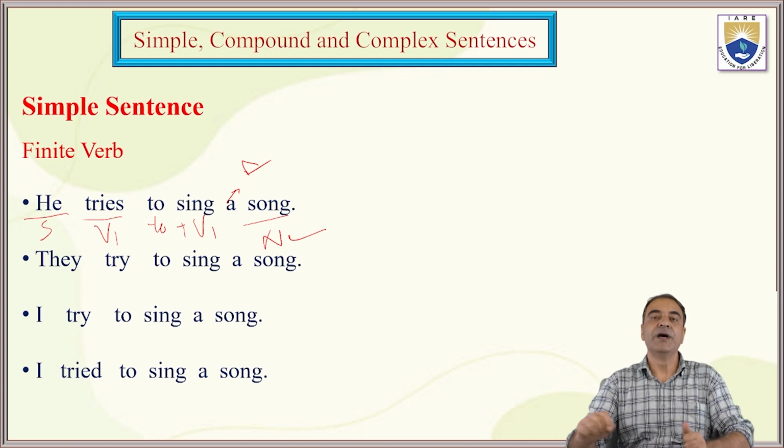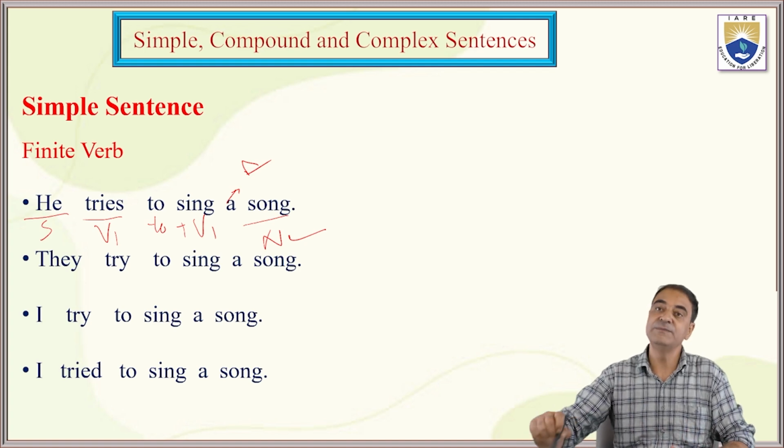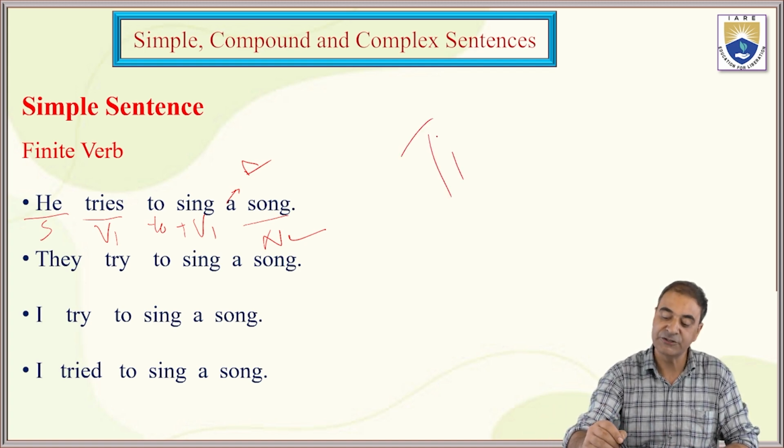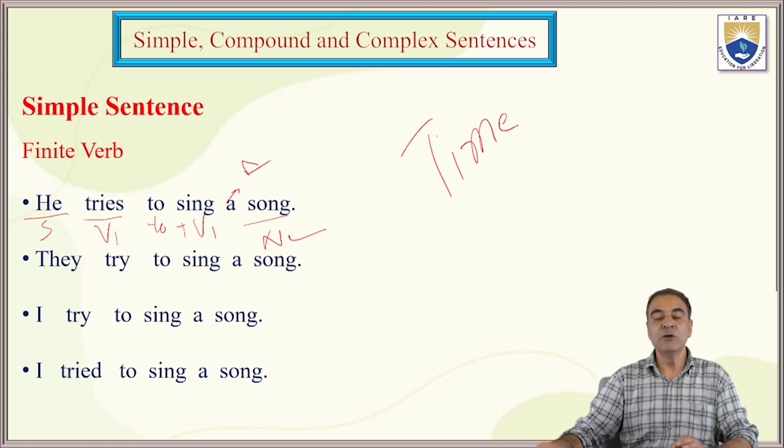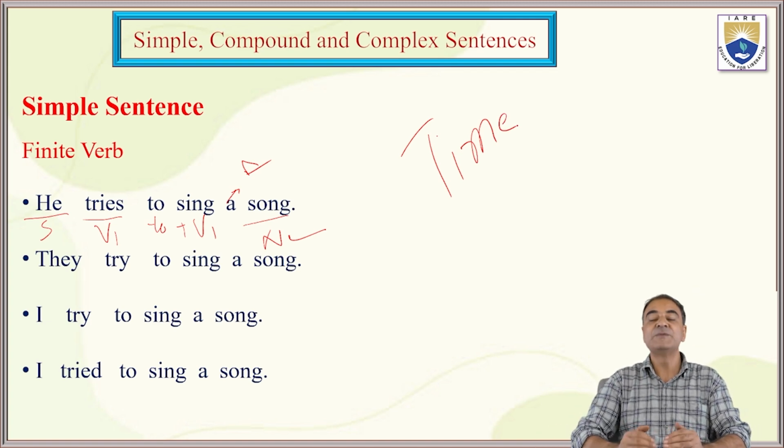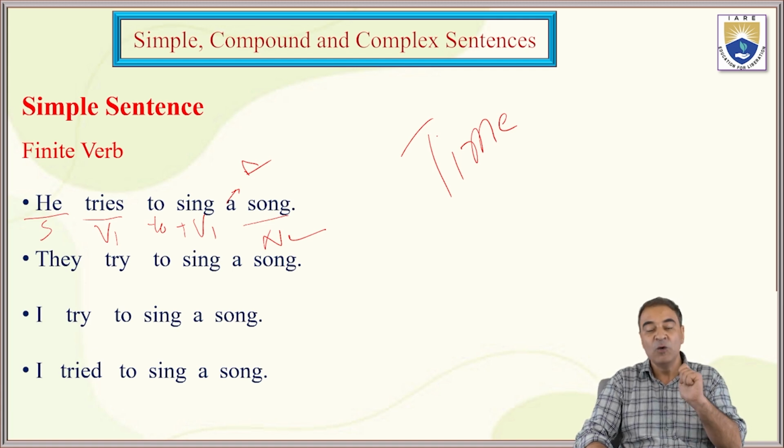Now, the first point is that the finite verb is a verb that shows the time of an action. If you look at the sentence, it is the verb tries that shows the time of an action, that shows present time. Therefore, we can say that this sentence is a simple sentence because it carries only one finite verb.